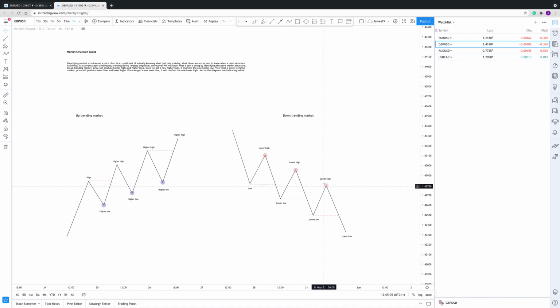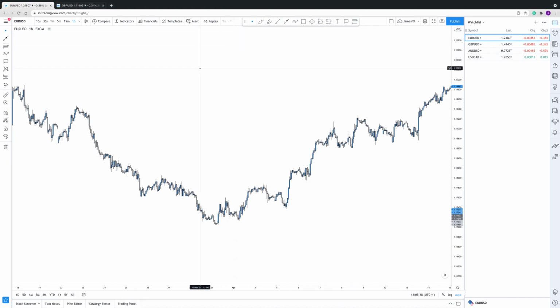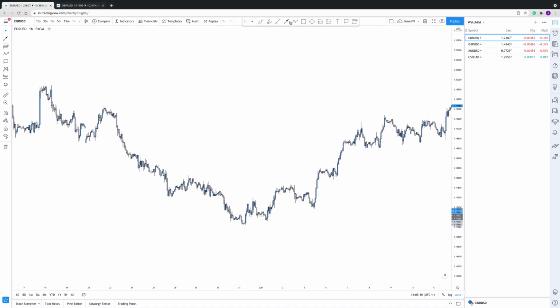So this is the basics of trending markets and market structure. A higher high is not confirmed until we get a break of the most recent high, and then vice versa for a downtrend. So let's jump onto EURUSD and look at this on the charts.